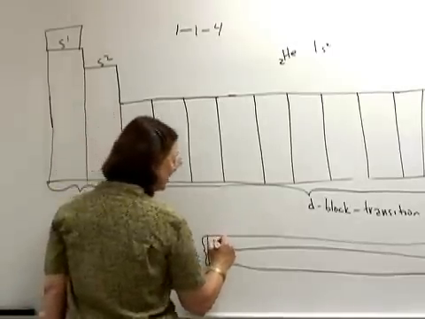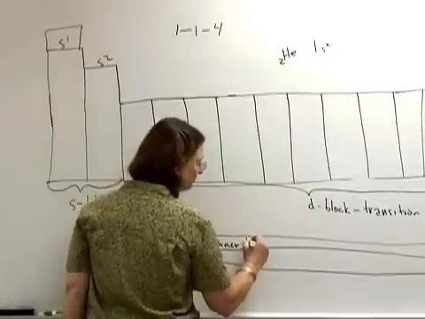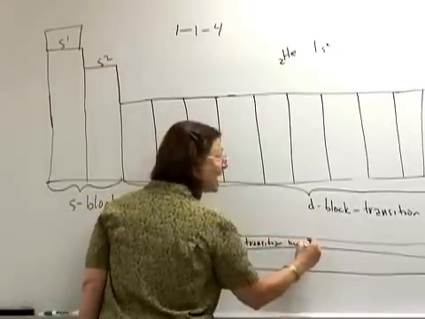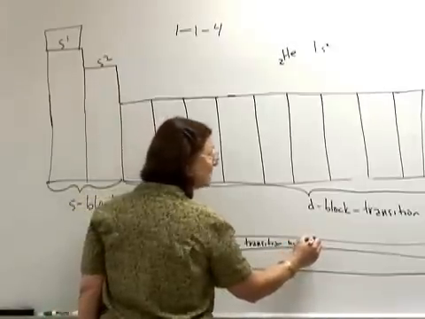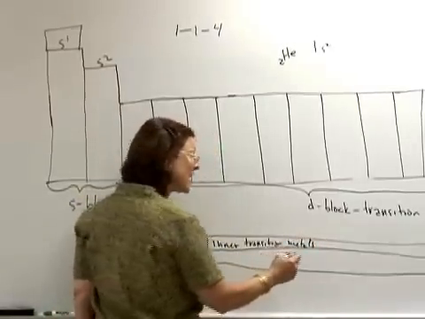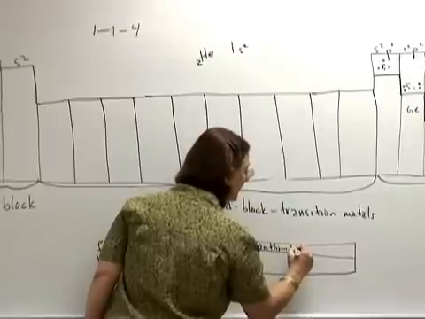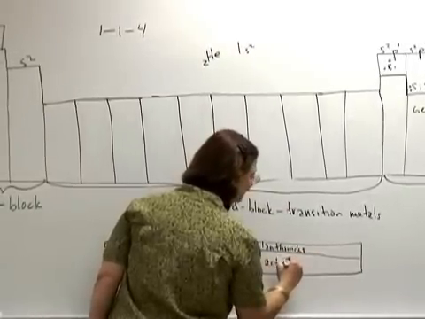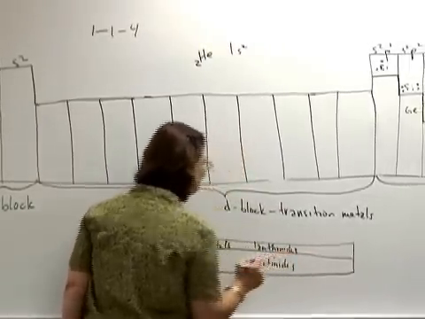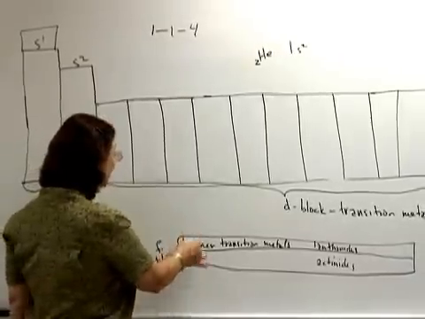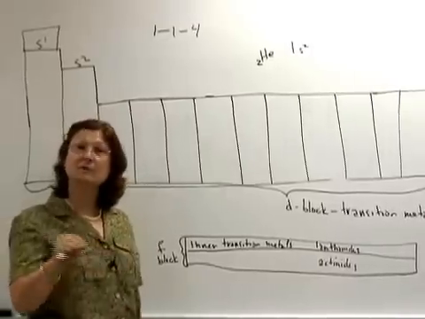They are called the inner transition metals. And they also have another name, the lanthanides and actinides. And that corresponds to the very first element that is found in those F block periods.